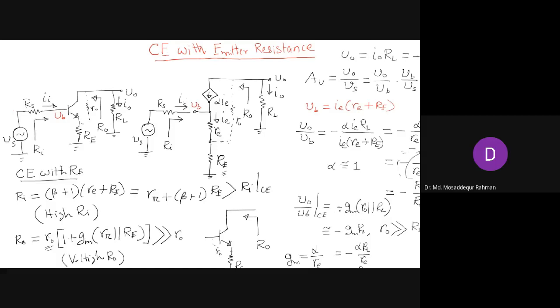Now, this is the gain for the common emitter, and this is the gain of the common emitter with emitter resistance. So what is the effect of adding this emitter resistance on the gain? How is it affecting the gain?